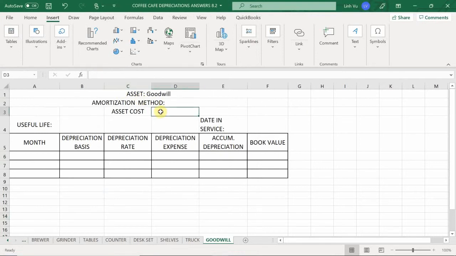Okay, so amortization, 15 years. Goodwill is the business name.